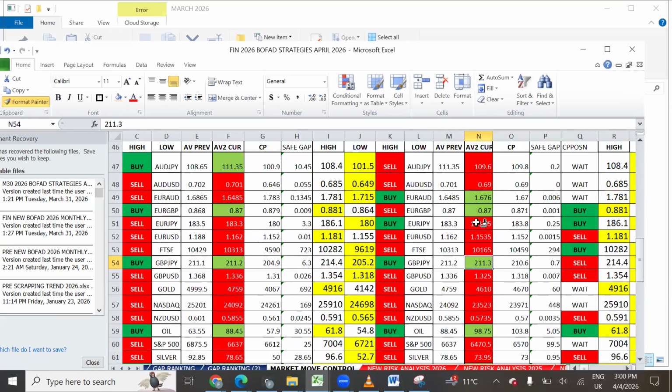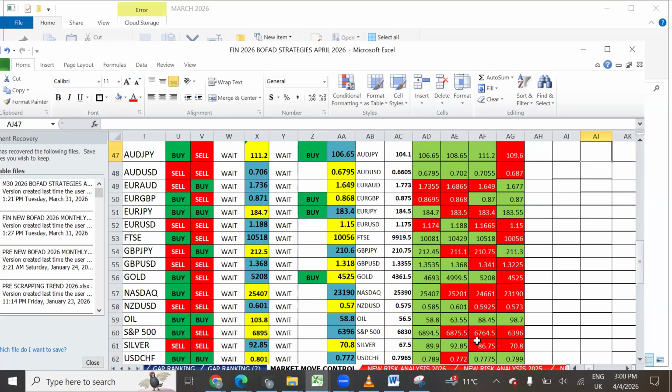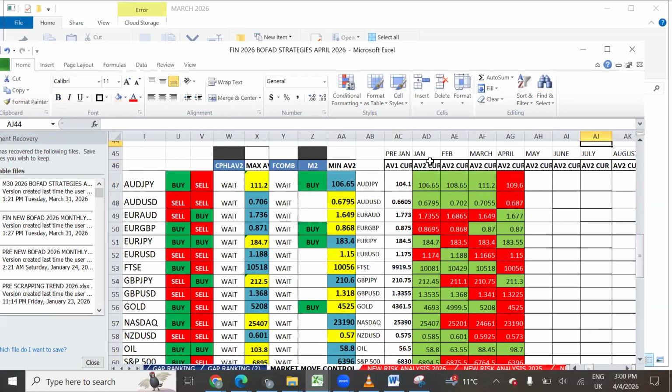Only 3.55, upward move. So that's all. Now we copy this again. So this is our current monthly updates. On the right side, we have the updates for January, February, March. We're going to copy that here, and April.